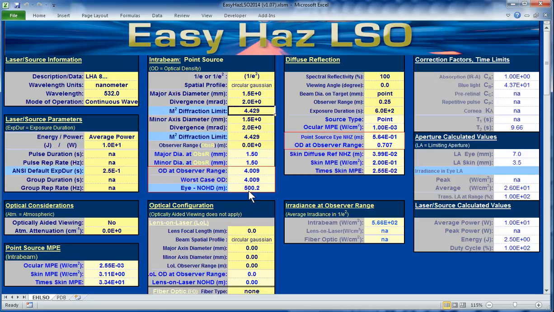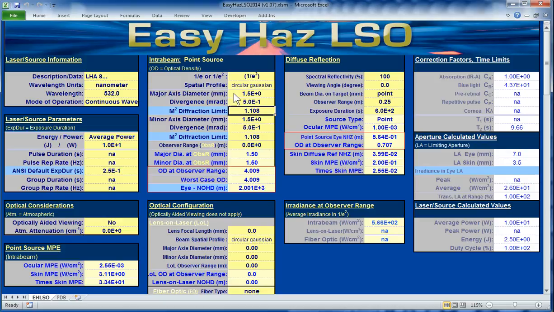It is important to understand that divergence has much more to do with NOHD than diameter. Let's go back to our original conditions, 1.5 millimeter beam diameter and 0.5 milliradian divergence. This gets us back to our beginning NOHD, which is 2,000 meters.